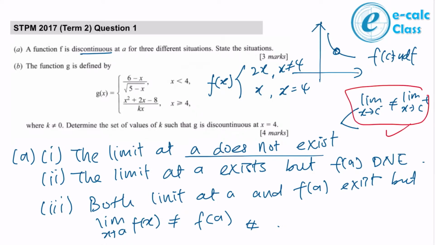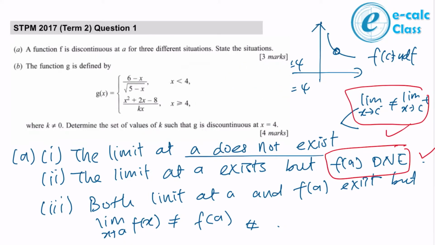Then the limit at a exists, but f(a) does not exist. Also possible, right? Because you can see here, if your k is equal to 0, then your equal sign is here, meaning your result is the whole thing undefined. So it's also possible. Then both the limit at a and f(a) exist, but they are not the same.